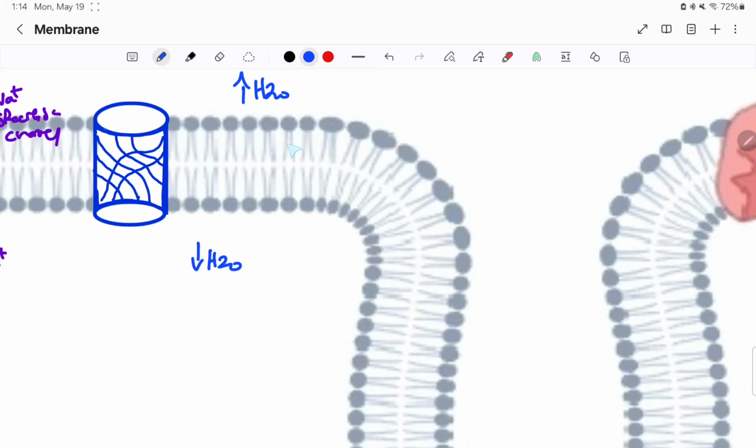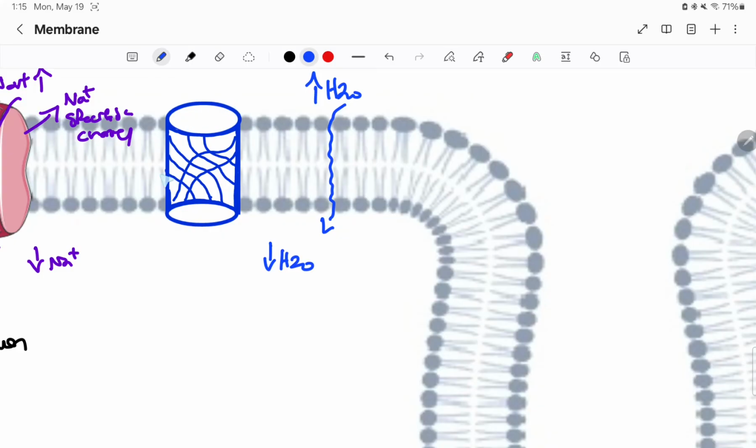Large water-soluble molecules or charged molecules really have a hard time going through this area, but water itself is a small particle, so it can sometimes slip through the phospholipid molecules and get in there. But this is not very common. The force that is actually moving the water is its concentration gradient, high to low.